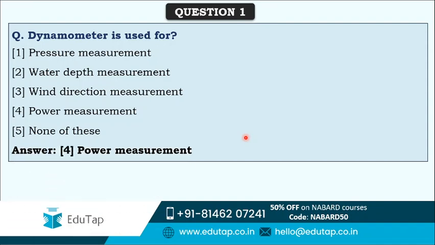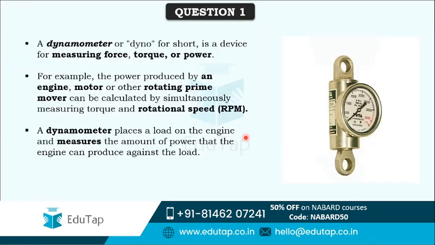The correct answer is option fourth, that is power measurement. So dynamometer is used for power measurement. Now let's see what dynamometer means and how it measures. A dynamometer, or dyno, is a device for measuring force, torque or power. If force or torque are also given in the options, then those will also be correct answers.